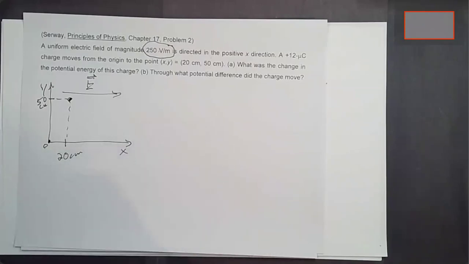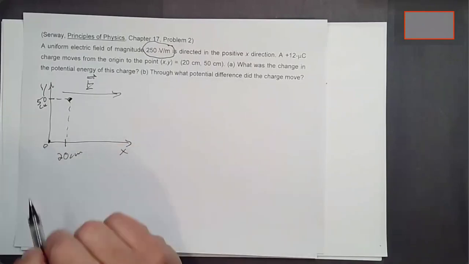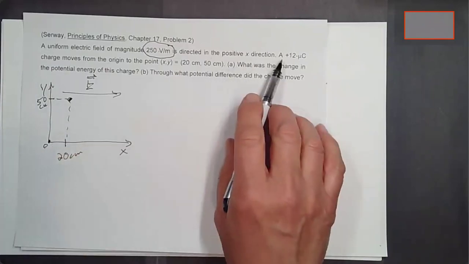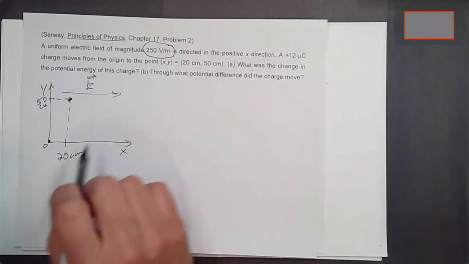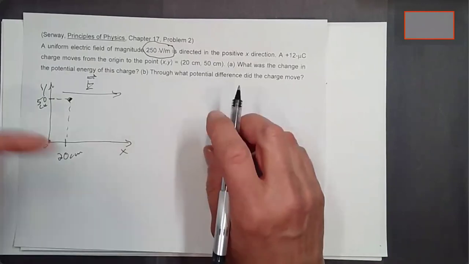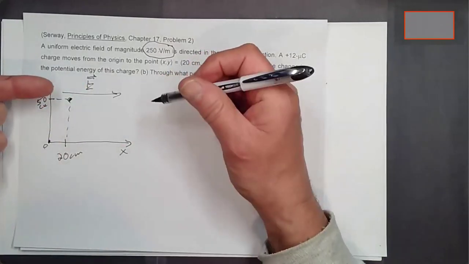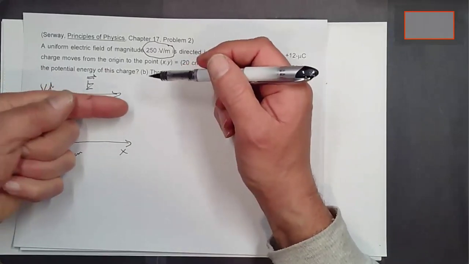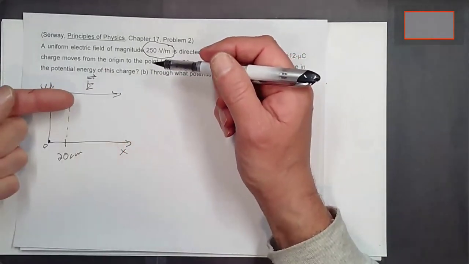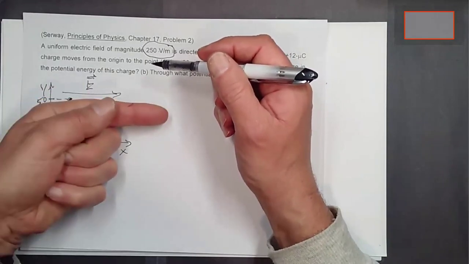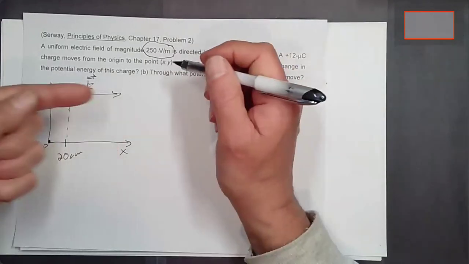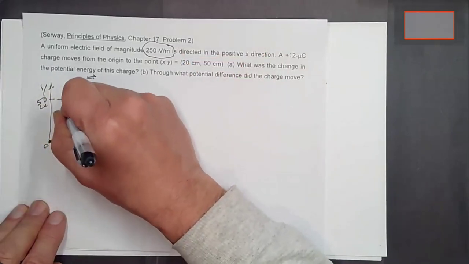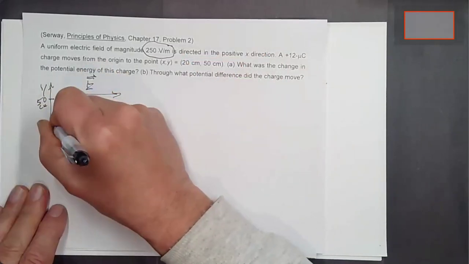Well, here's sort of an easy way. This is a positive charge. If the electric field is pointing in that direction, the direction of the electric field is pointing downhill in potential energy for a positive charge. Now, the displacement of this thing is going to be here.